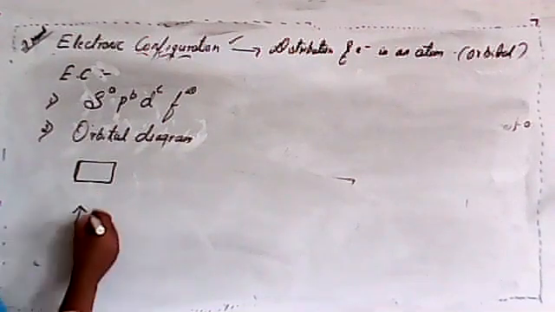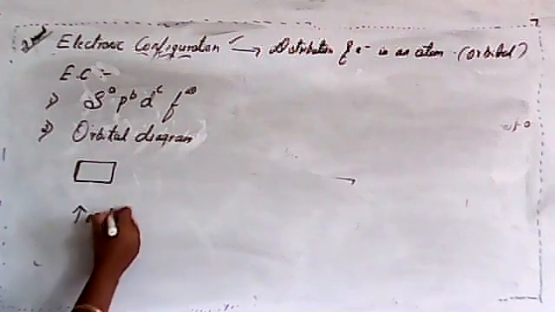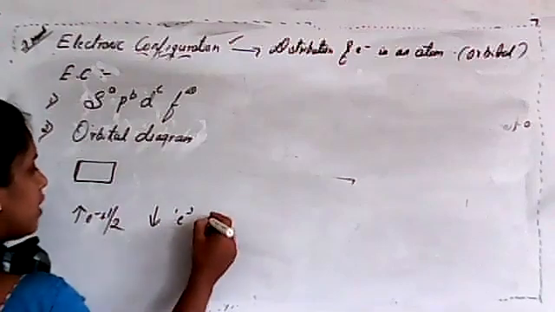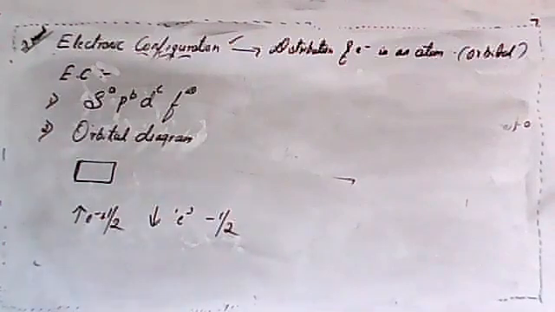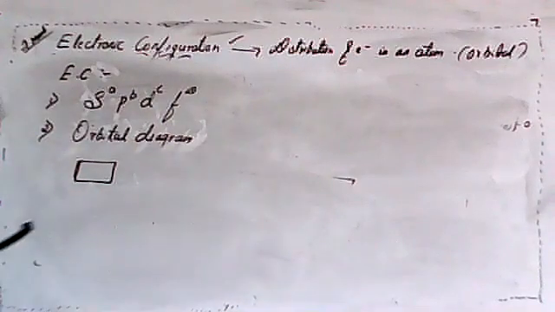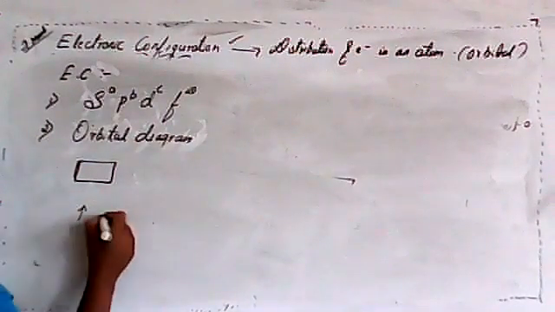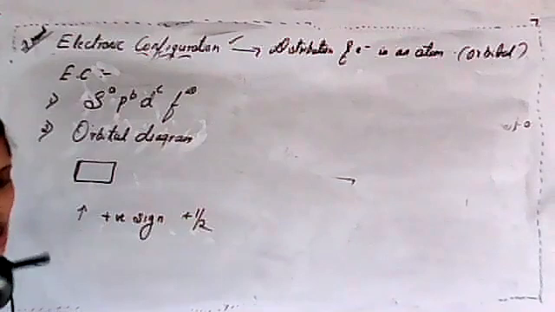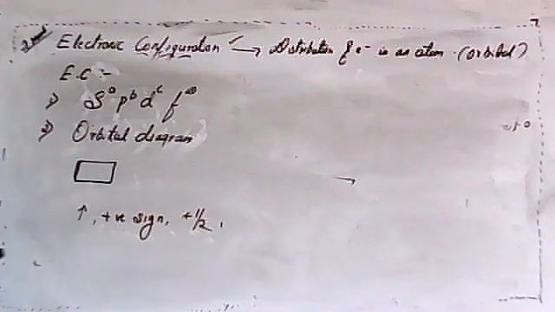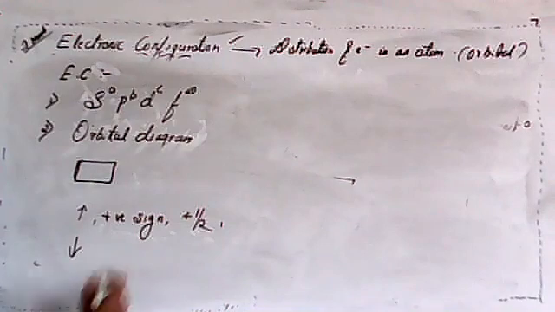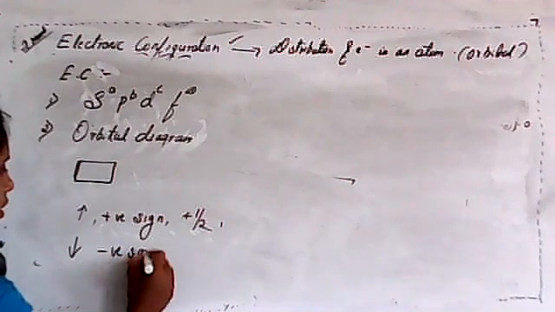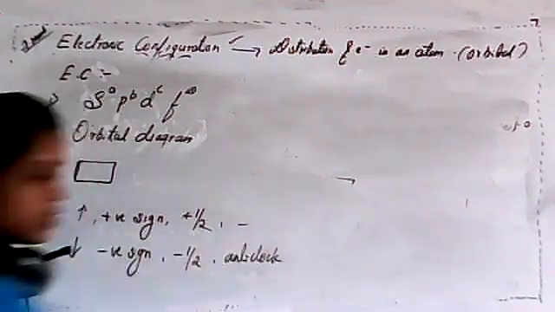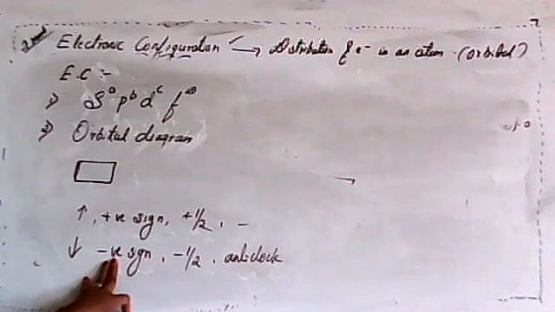This mark is nothing but 1 electron with plus half spin. The arrow downwards is again an electron with a negative spin. Just remember, student, the upward arrow has a positive sign, plus half, or clockwise. The downward arrow has a negative sign, minus half, or anti-clockwise.